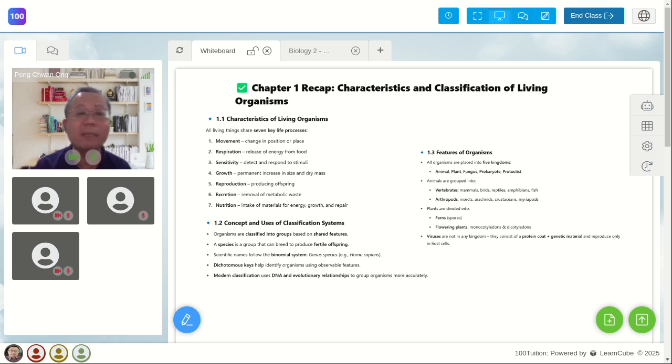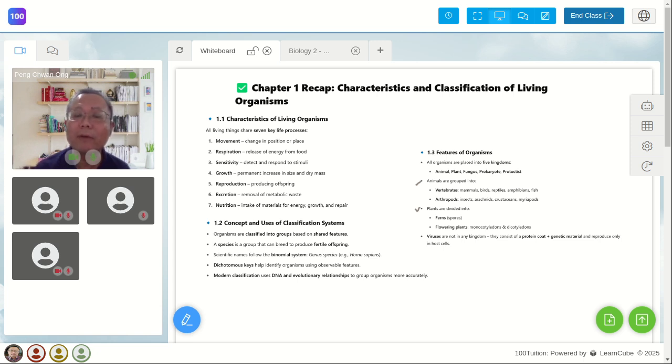Finally, we learned the features of organisms, which can be divided into 5 kingdoms: animals, plants, fungi, prokaryotes, and protoctists. Specifically, we need to know that animals are grouped into vertebrates and invertebrates, and plants are divided into ferns and flowering plants.